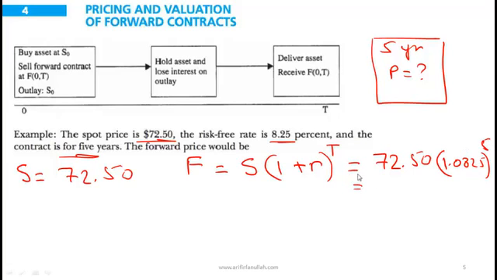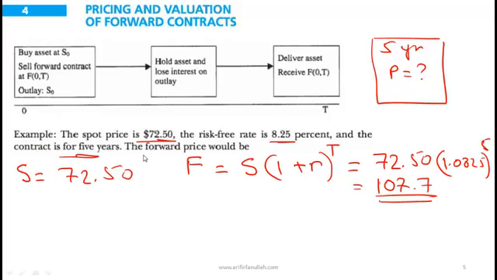So this is equal to 107.7. Okay, so this represents the forward price, and on your calculators you need to figure out how to do this fast. That's all level 1 stuff.